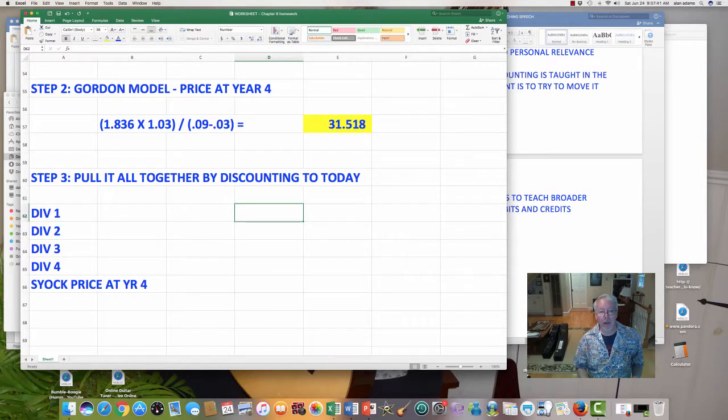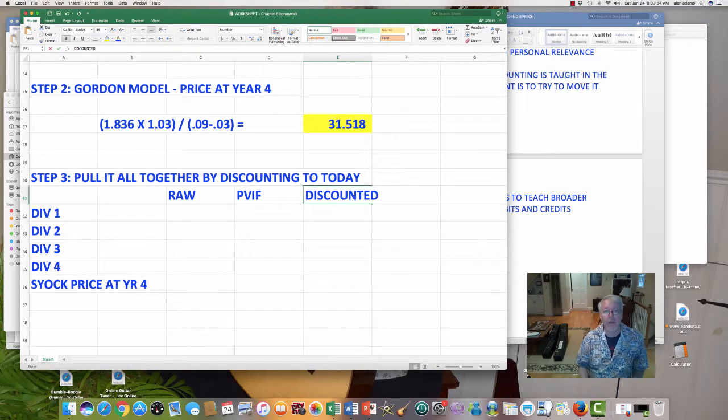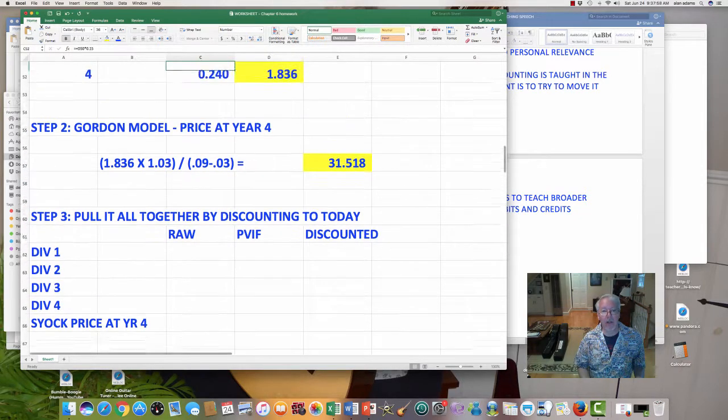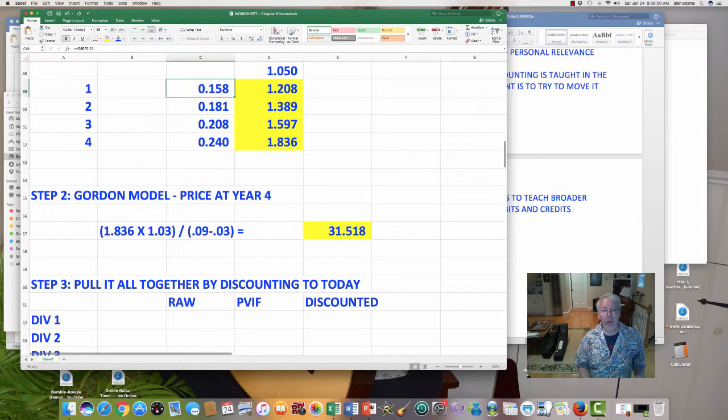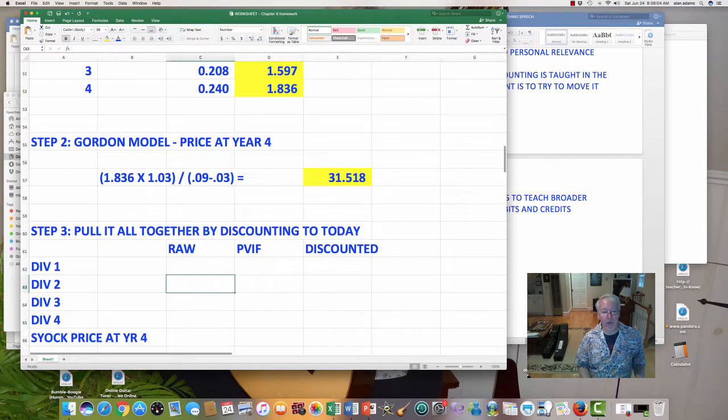So I'm going to put here, let's call it the raw value without discounting. Here I'm going to put the PVIF. I can't use an annuity, okay, because they are different numbers every year. I come up here and take the raw values, okay? So I'm just going to plug them in. Raw.